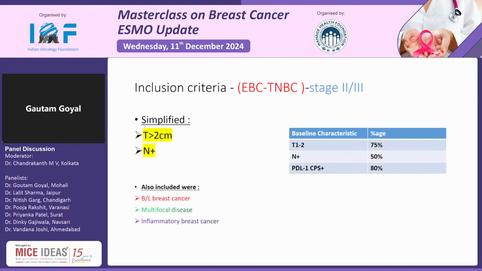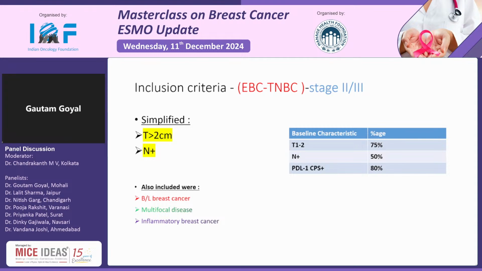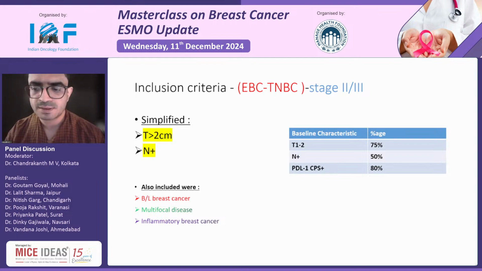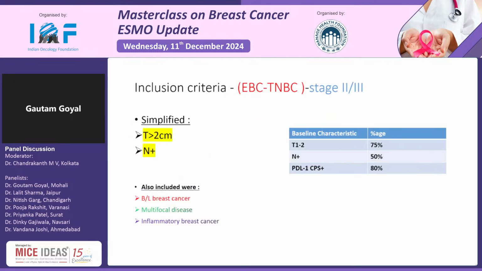So presently in node negative patients, we are not offering the KEYNOTE-522 regimen. What I am doing in my patient depends on the fact that it is a clinical T2N0, so the decision will be based on whether the patient wants to go for MRM versus BCS. If my patient is keen to go for MRM, I can still offer them surgery upfront.